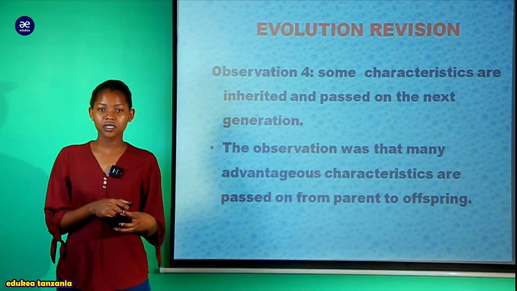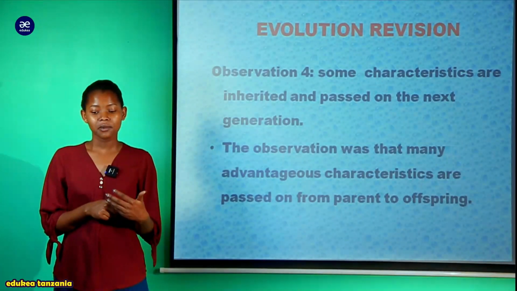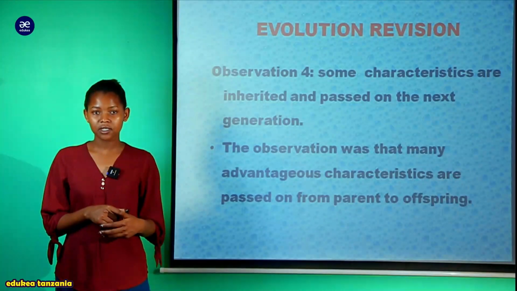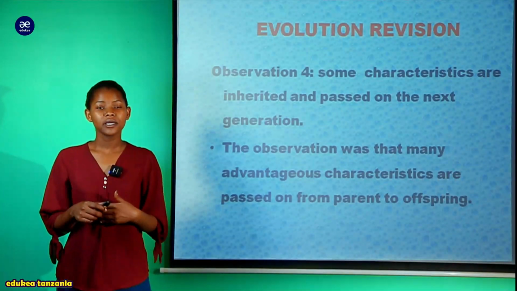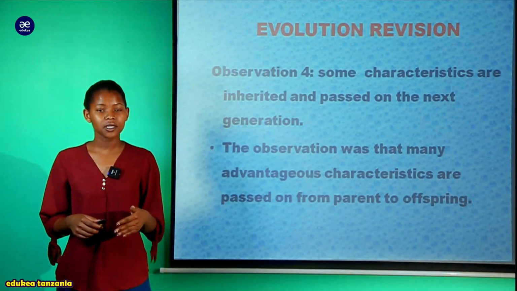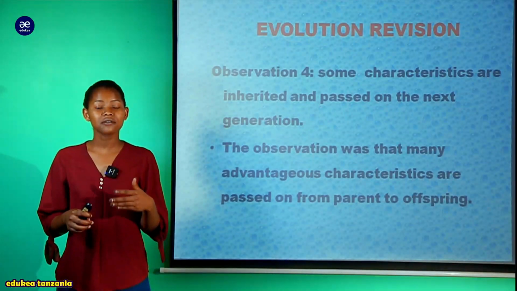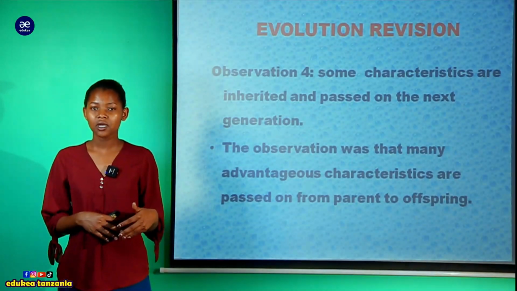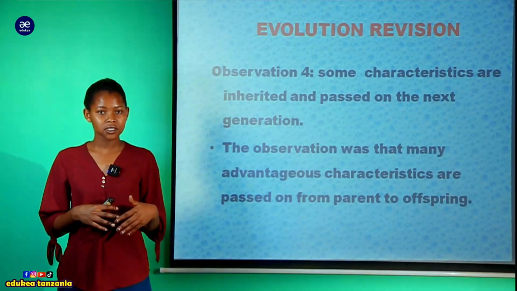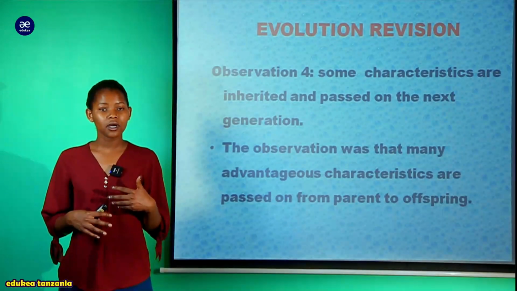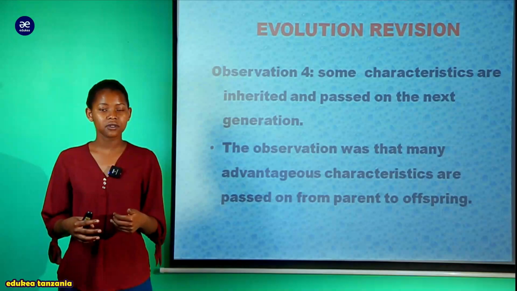Kuna traits, kuna variations mbalimbali. Tunasema kwamba zile traits ndio zina bring about variations, so zinakuwa inherited kutoka generation moja na nyingine, na zitatokea hivyo tu pale ambako zitakuwa zisha survive the harsh environment or the scarcity of certain resources. That's zinakuwa ni reproductive successful.